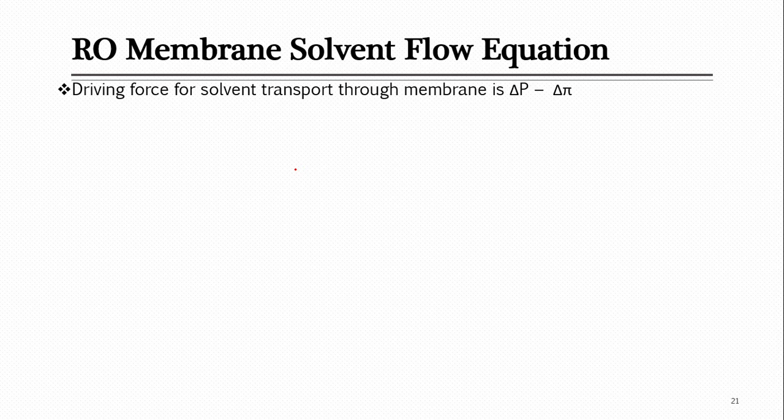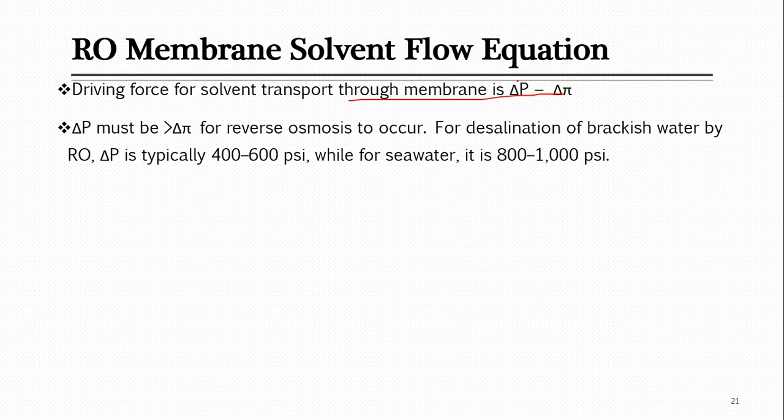Here, when you are using this system for desalination purposes, the major driving force is the pressure difference across the membrane, delta P. As we said, this is the transmembrane pressure. Suppose there were two cells with a membrane between them, and across this there is P1 minus P2. Suppose the P2 side is the pure solvent or pure water, and P1 is the solution side. Then P1 minus P2 is the main pressure difference.